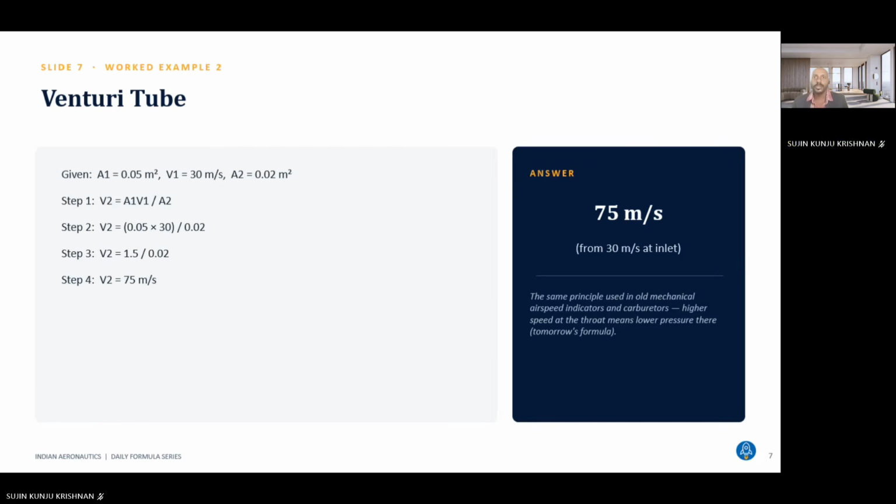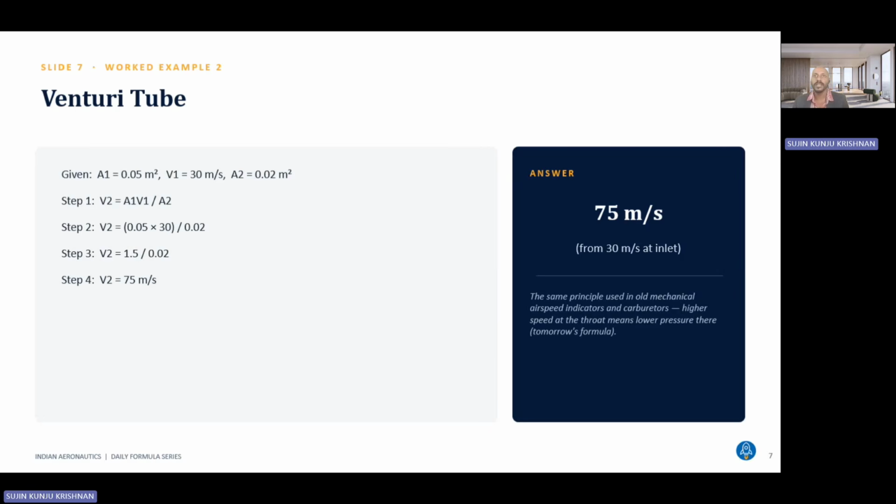Substitute: V2 equals 0.05 times 30 divided by 0.02. So 0.05 times 30 is 1.5, divided by 0.02, and you get 75 meters per second. So the air accelerates from 30 to 75 meters per second through the throat.